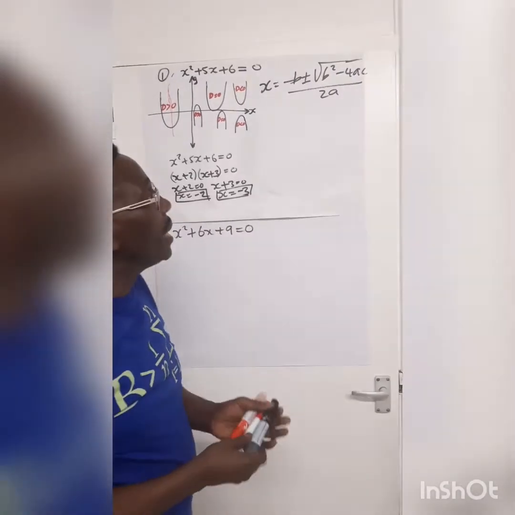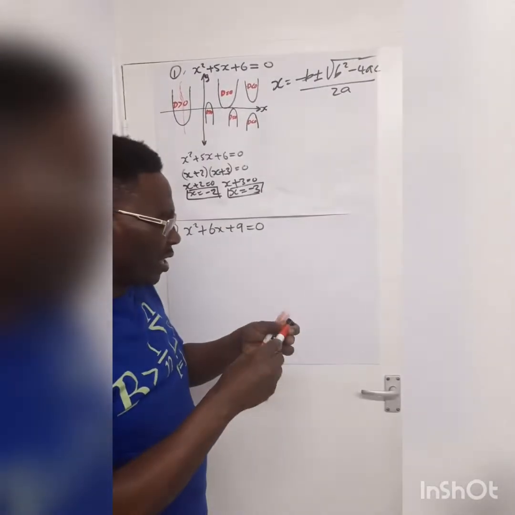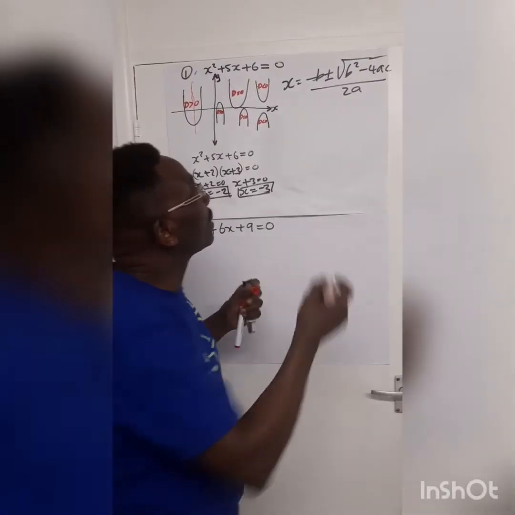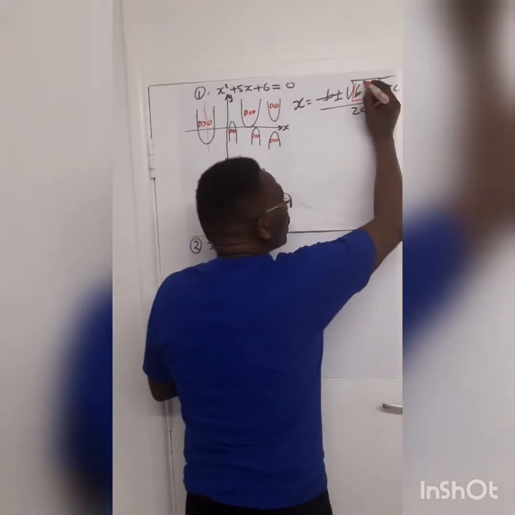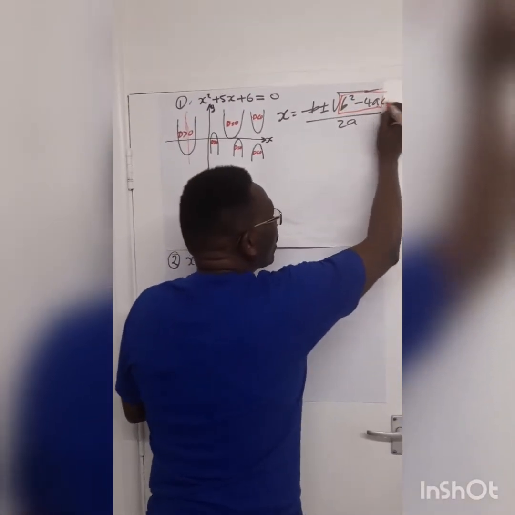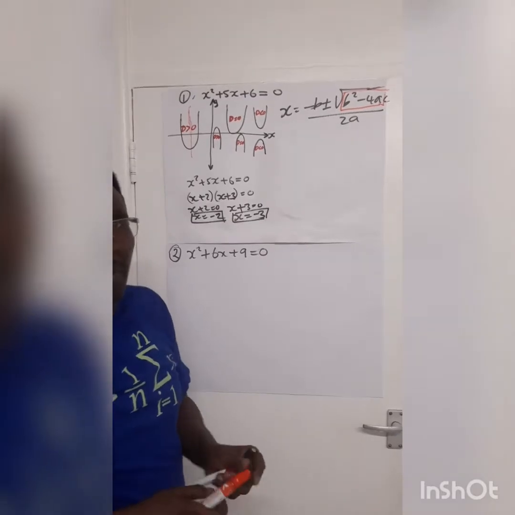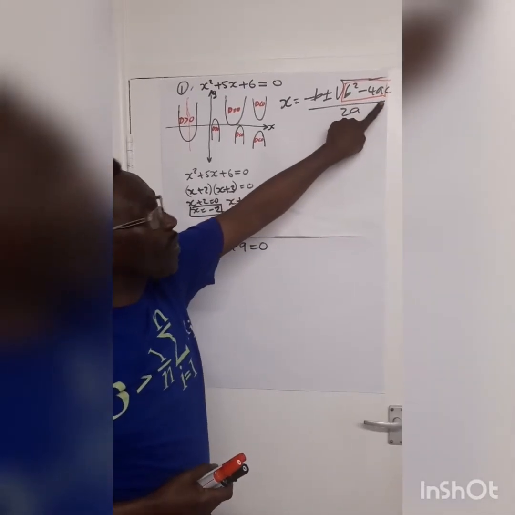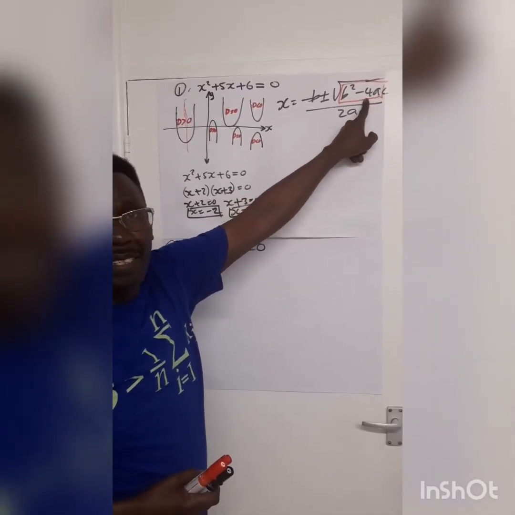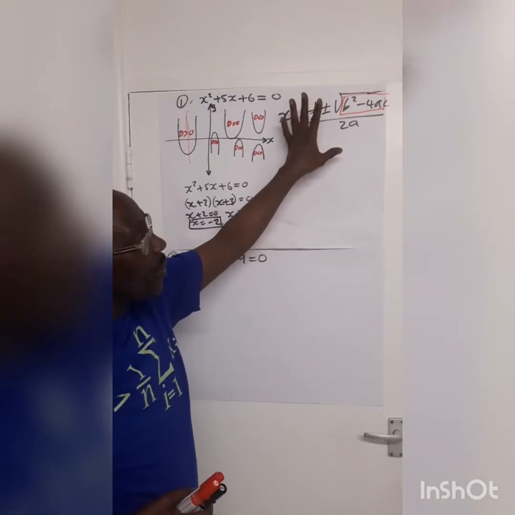Now, I want you to focus on this bit here. That part of the formula, b squared minus 4ac, is called the discriminant. It discriminates what type of equation.